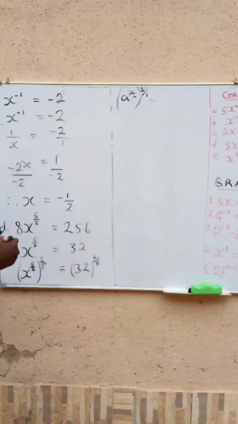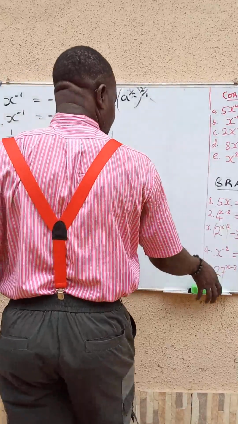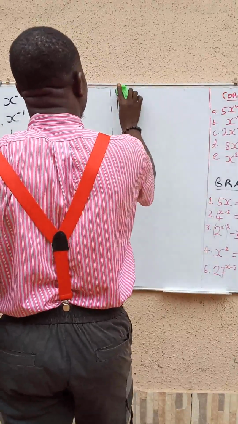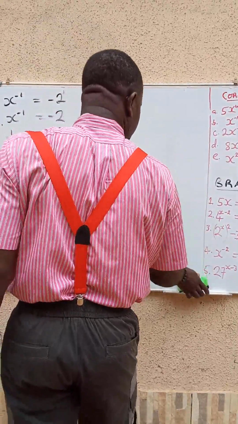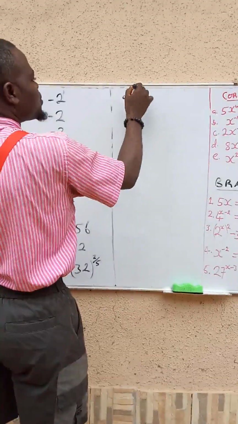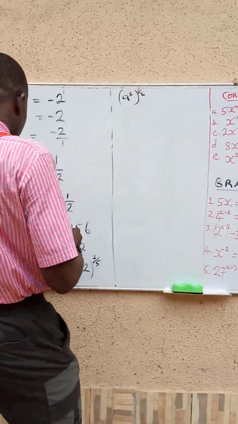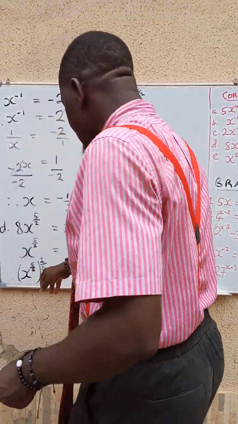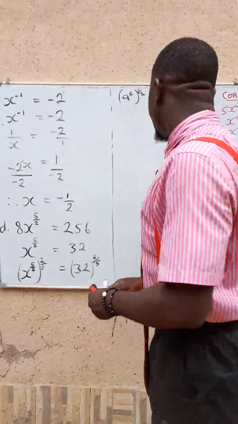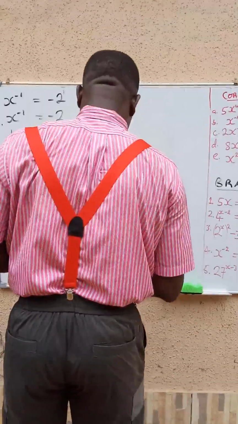So when I have 5 over 2, I'll take the inverse, 2 over 5. That is how to remove it. And if you are not having a fraction, if you are having a square, for example, what you use to remove it will be 1 over 2. You take the inverse. So in that case, 5 times 2 is 10, 2 times 5 is 10. That's how to do and remove it.